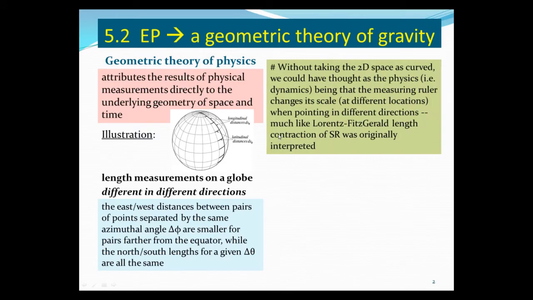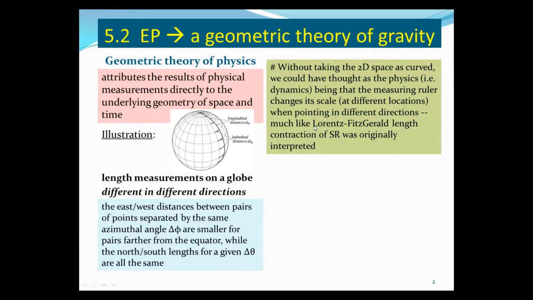Without taking into account the fact that the two-dimensional space is curved, we could have thought that the dynamics, the physics dynamics, is such that the measuring rod changes scale at different locations when it points in different directions, the longitudinal direction, or towards the pole.